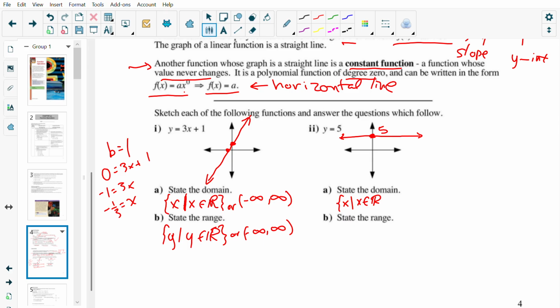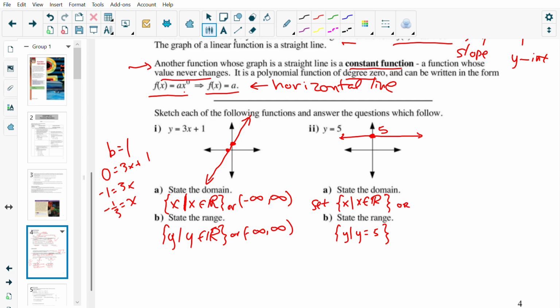And then for the range, y such that y equals 5, since the range doesn't vary from 5.